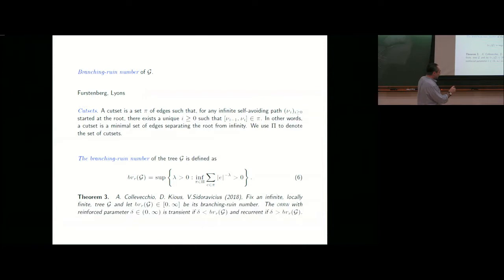That's a very general theorem. It works for arbitrary trees, I mean, for most trees. There are only a few pathological exceptions, so the existence of a phase transition is now completely understood on trees.